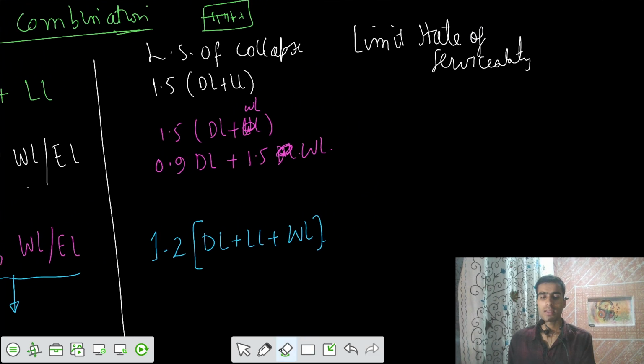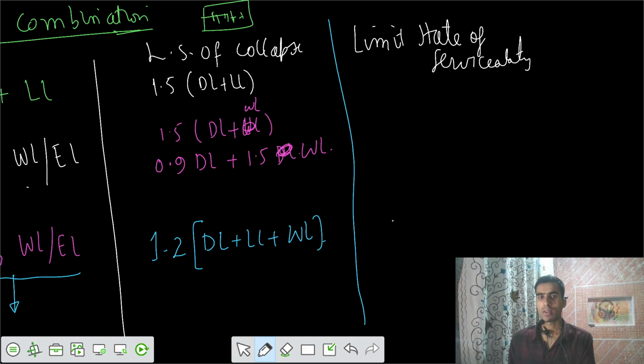But on the other side, if you talk about serviceability, we do not apply factors on those loads. It simply says that under the working loads, we are not going for the safety criteria, we are going for serviceability. Under working loads we don't care about the factor of safety.